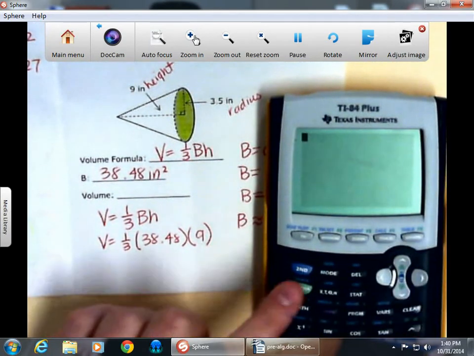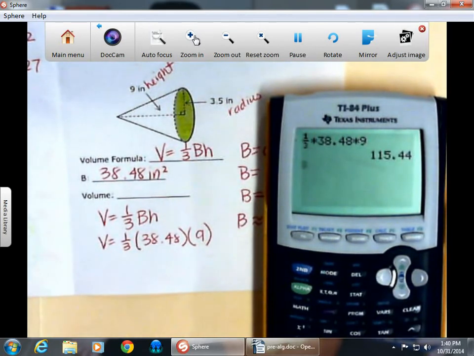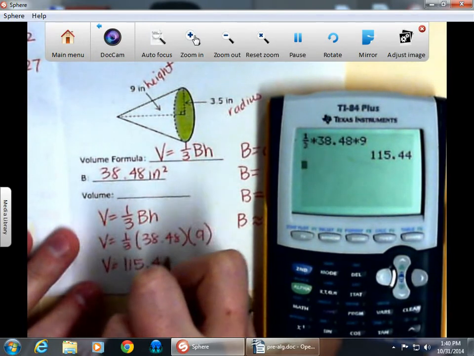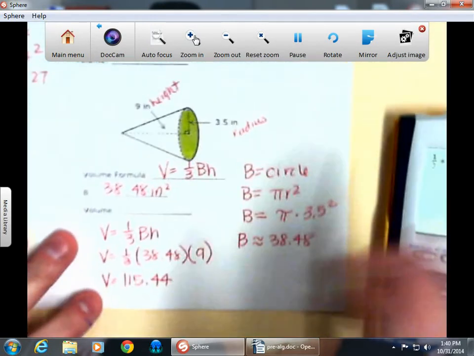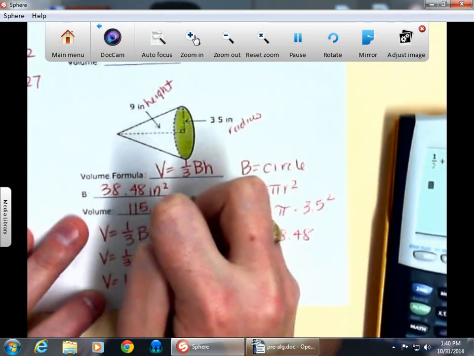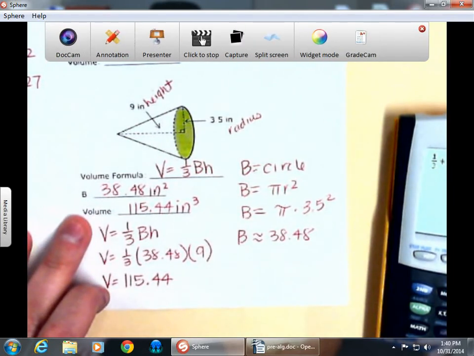So I'm going to put in 1/3 times 38.48 times 9. And I get volume is 115.44. And again, we need units, 115.44 inches cubed. Okay, that is the end. You are going to complete this in class tomorrow.